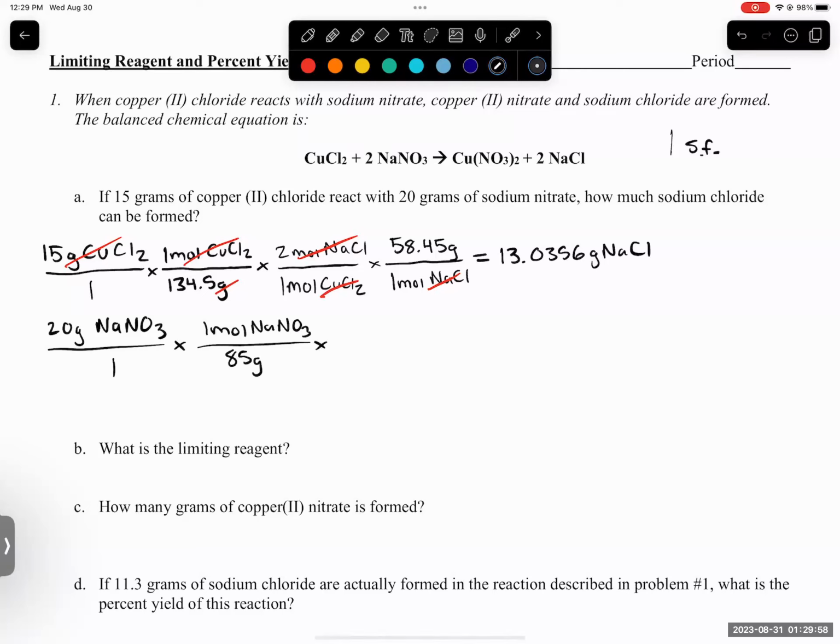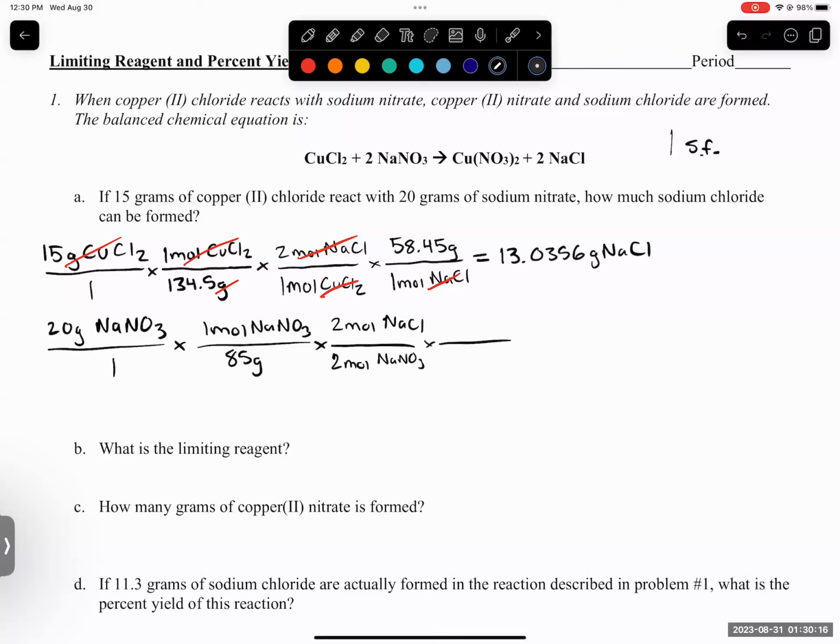And we see that the molar ratio for that is 2 to 2, so it's a 1-to-1 ratio, right? So for every 2 moles of NaNO3, sodium nitrate, 2 moles of sodium chloride are produced.